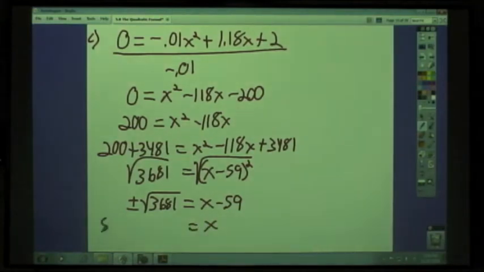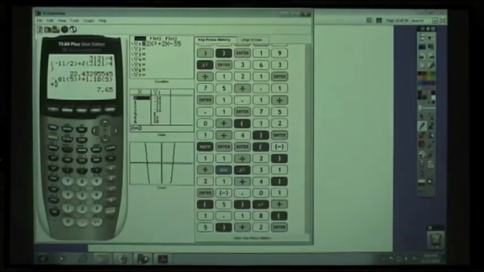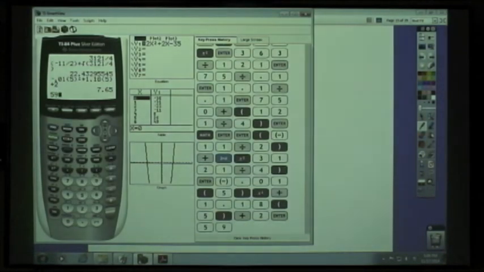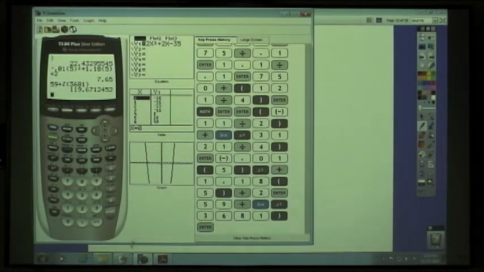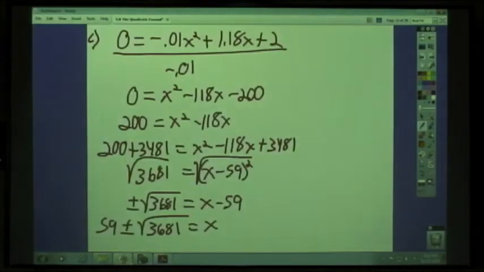You add the 59 over, so it's going to be positive 59 plus or minus the square root of 3,681. So I take out my calculator, I do 59 plus the square root of 3,681, and I get 119.67 feet.